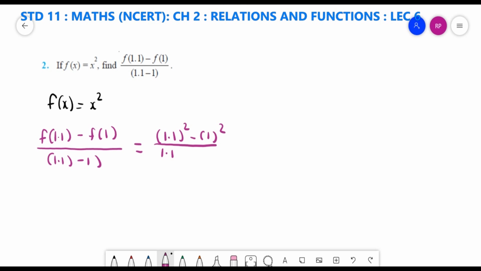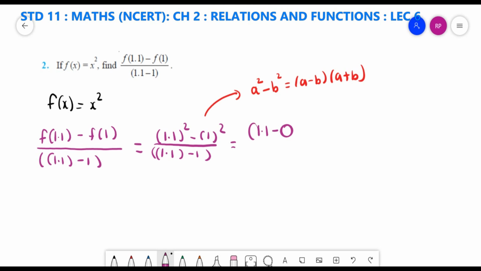Upon 1.1 minus 1. Now what is this? This is a square minus b square, which is (a minus b)(a plus b). So when you use that, I will get (1.1 minus 1)(1.1 plus 1).